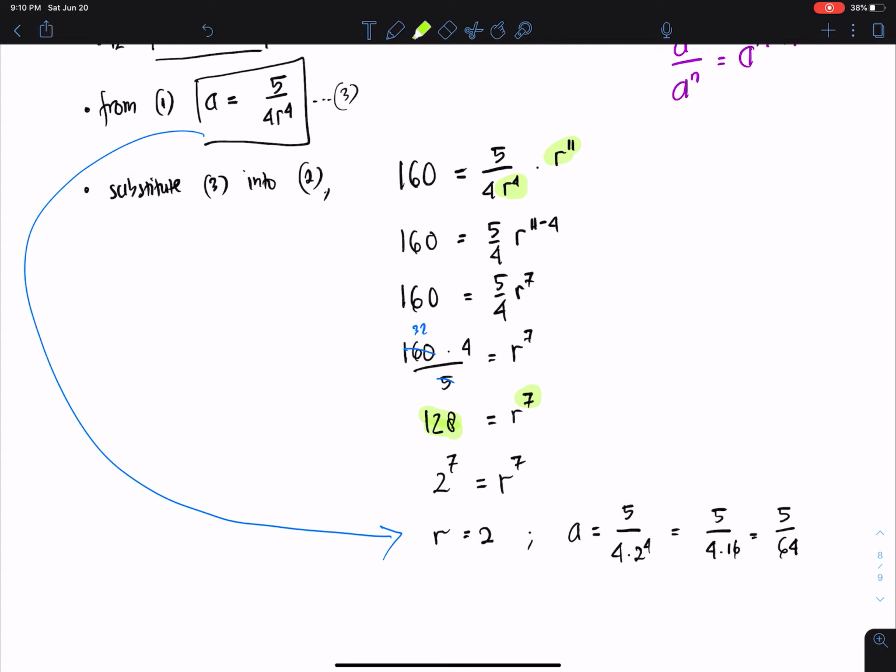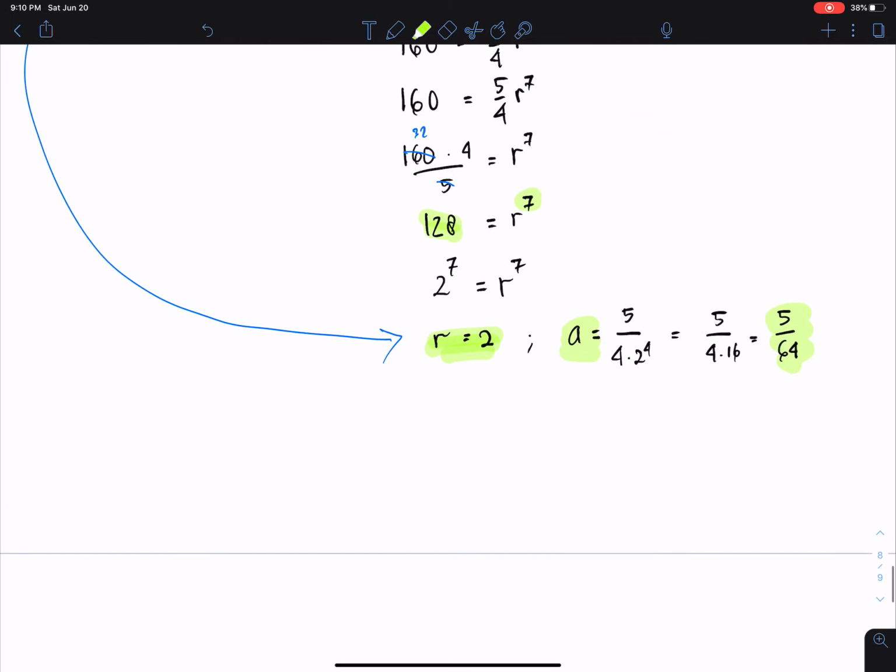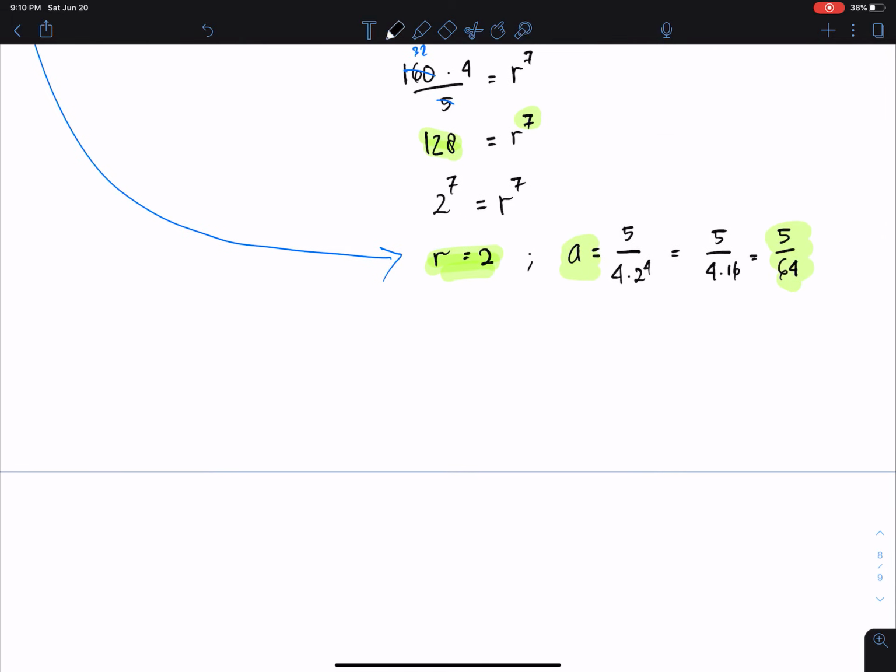Now as we have r, and we have A as 5 over 64, we can write the nth term for this particular geometric sequence, which is a_n equal to A1 r^(n-1). So our A1, as we already calculated, is 5 over 64 times r, which is 2, to the power of n minus 1.